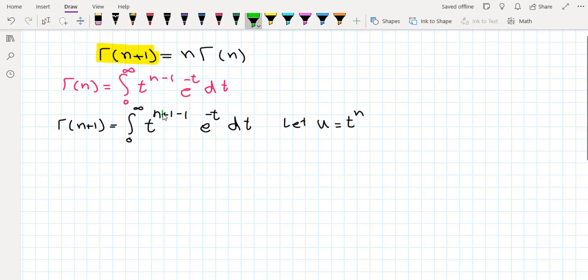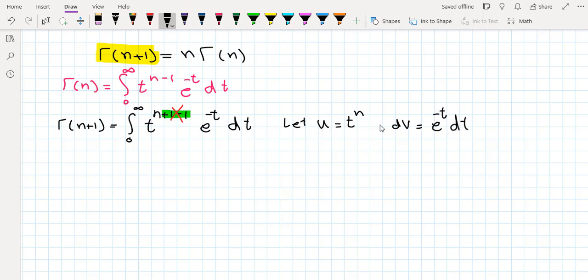Because this plus 1 and minus 1 just cancel each other, so only t to the power of n is remaining. This is u. And after that we have dv, and we let dv be the rest of the integral, e to the power of negative t dt.